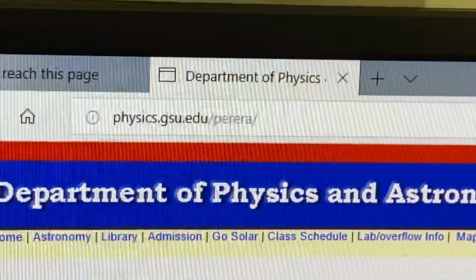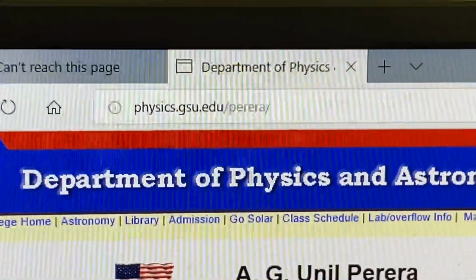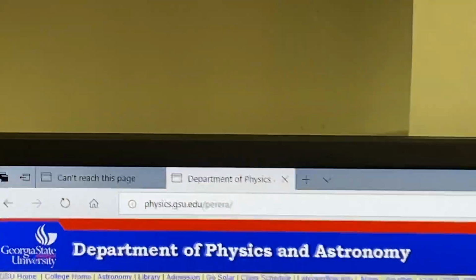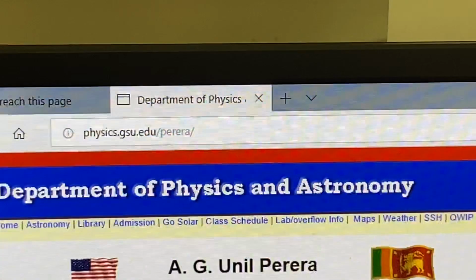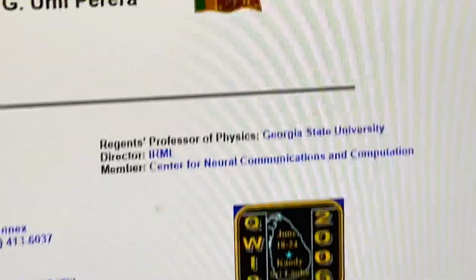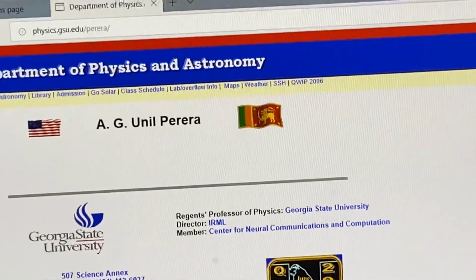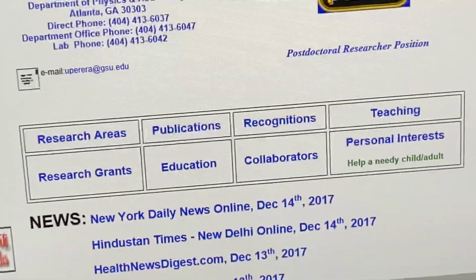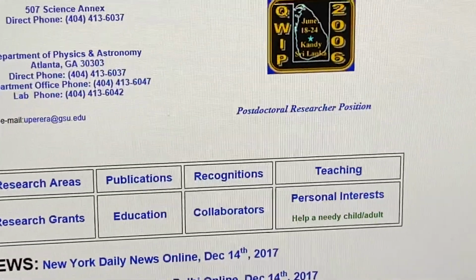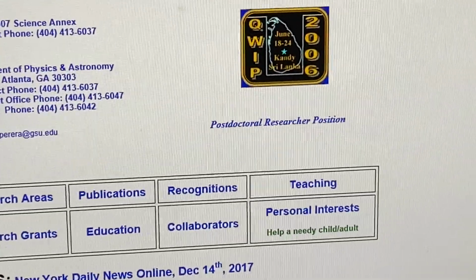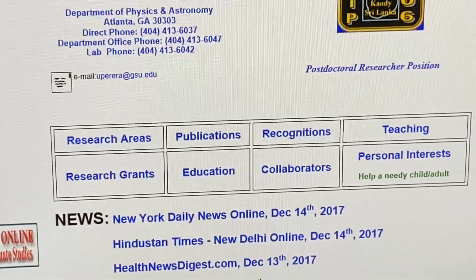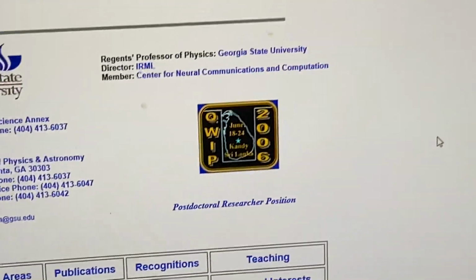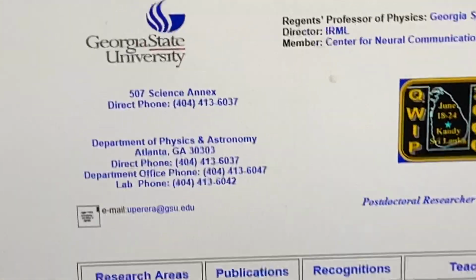Just Google Pereira at GSU, then it will lead to this page, physics.gsu.edu/Pereira, and you can get so much information on Dr. Pereira's website, like what the research areas are, how many publications, and which research these publications are about, his recognitions, his teaching, grants, available grants, and collaborators, and so much information you can get here. And these are the contact information.